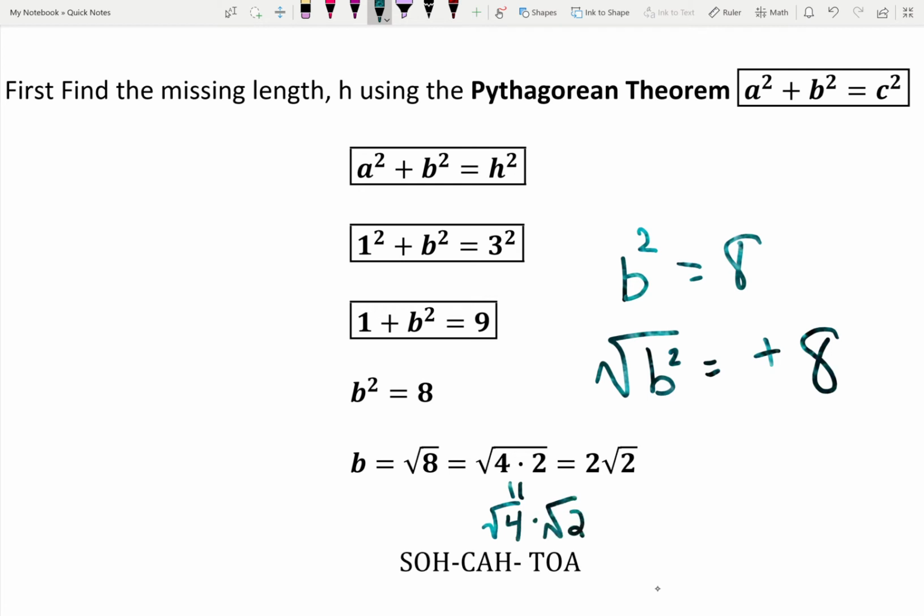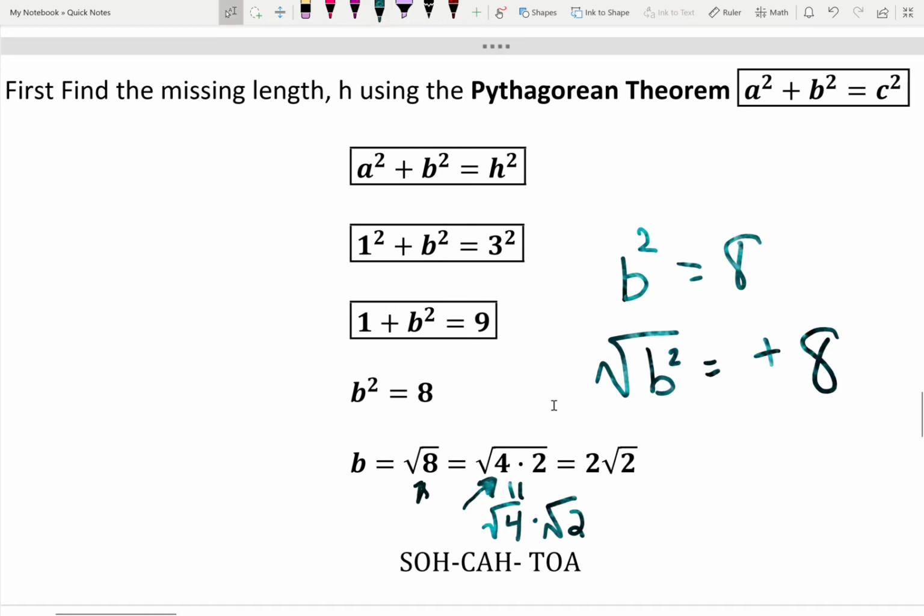But what is the square root of 4 equal to? That's just 2. And the square root of 2 is just square root of 2. So that's why our final answer here is 2 times square root of 2. So anytime you see a number inside your square root that can be broken apart like this into 2 different numbers where one is a perfect square, I would go ahead and do it and make your life easier.